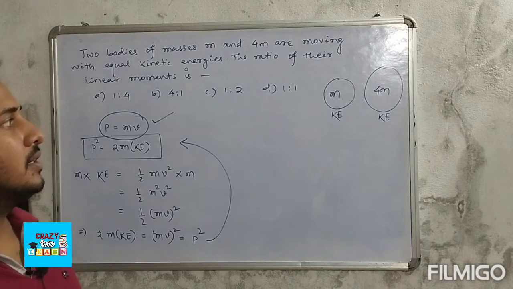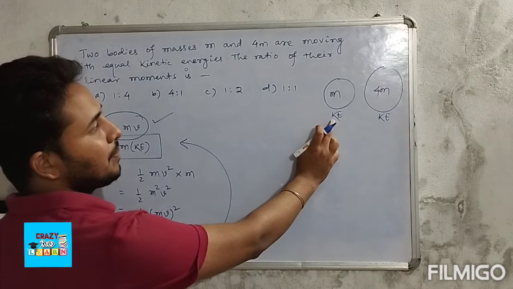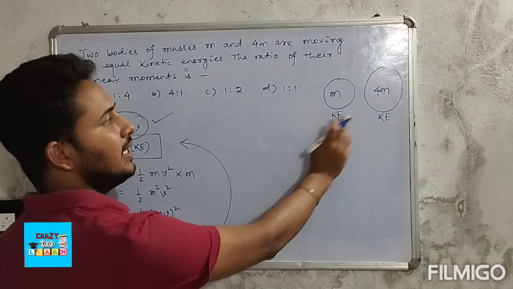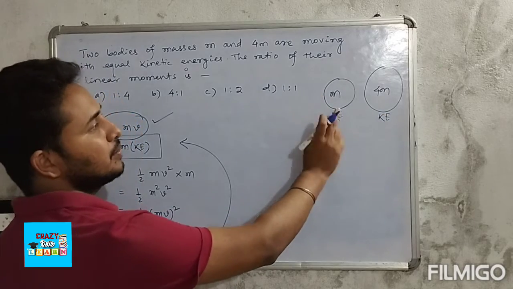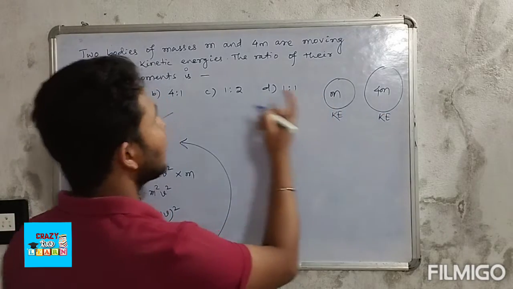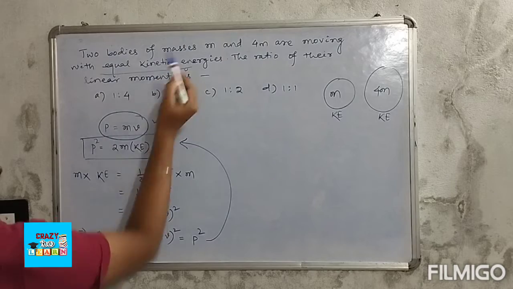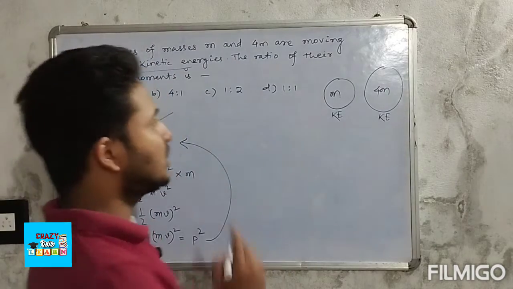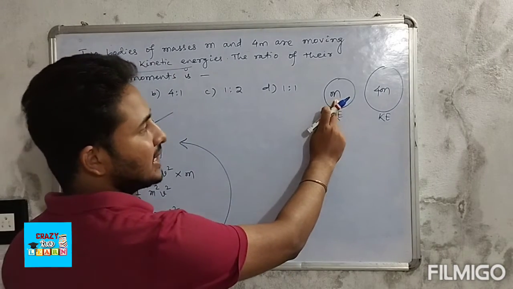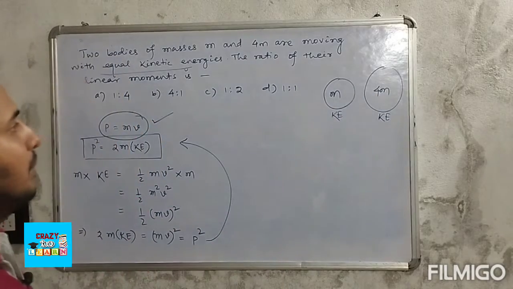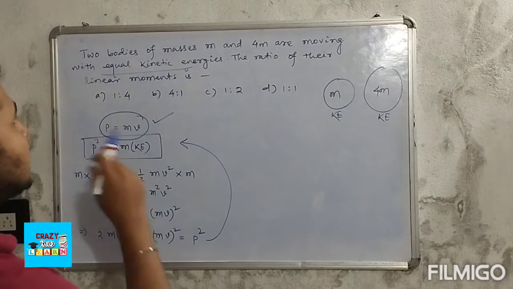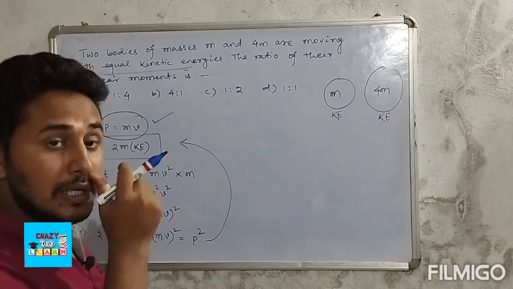Let the kinetic energy of the first body be KE and the second is also KE, because they both have the same kinetic energy. It is given to you in the question. And the mass of the first body is small m and the second body is 4m. So what is the ratio of the linear momentum?